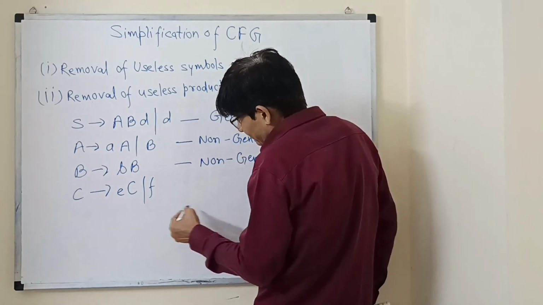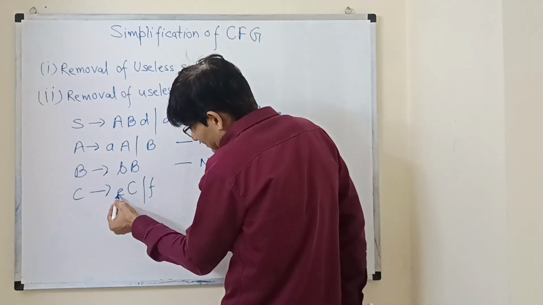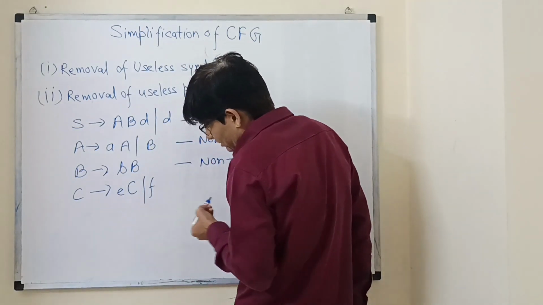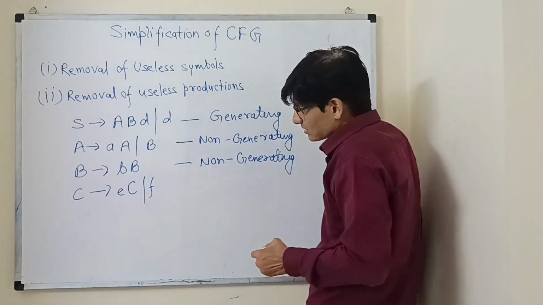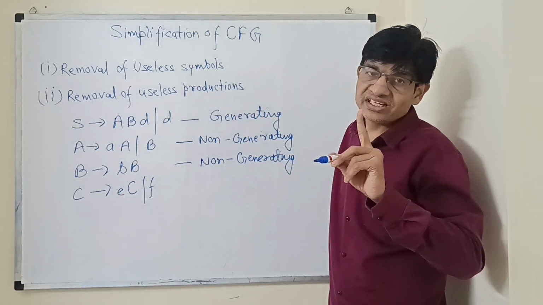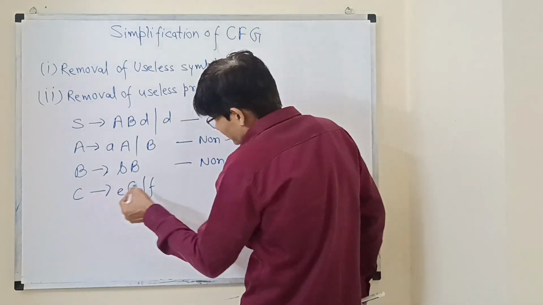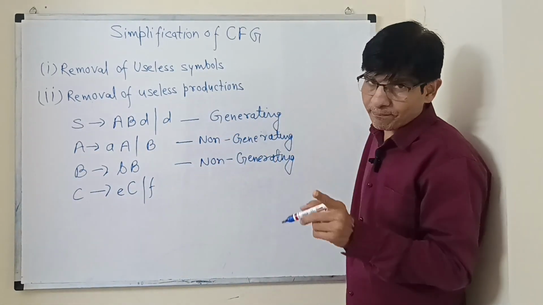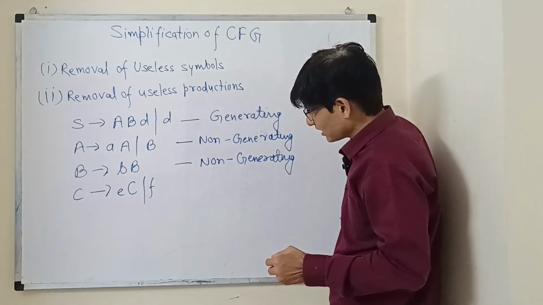Now you can see C has two productions here. C gives small e C and C gives F. That means C has one production where there is only terminal, which is C gives F. That means it may participate in the generation of strings of the grammar.